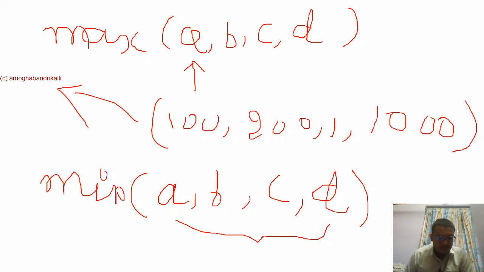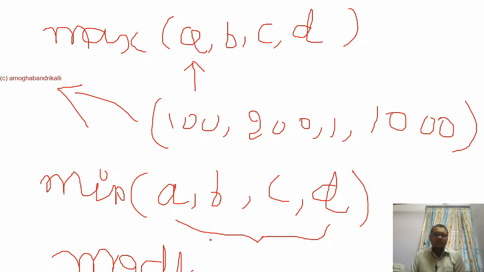After the minimum method, you have the modf method. modf is the one which gives the fractional and integral parts. So the fraction and integral part will be given if you use modf.